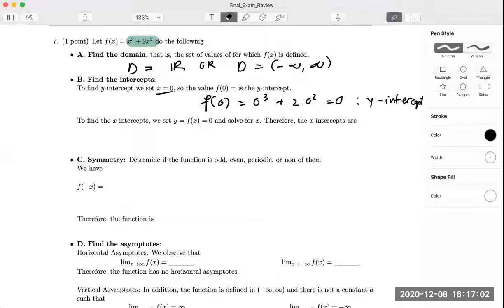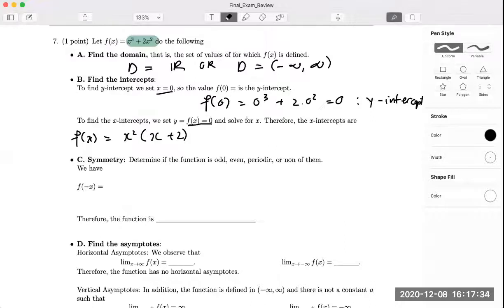The x-intercepts are the points where the graph cuts the x-axis. It means that we need to solve this equation. We see that in f of x, there's a common factor x squared. We factor it out, and inside it gives us x plus 2, right?